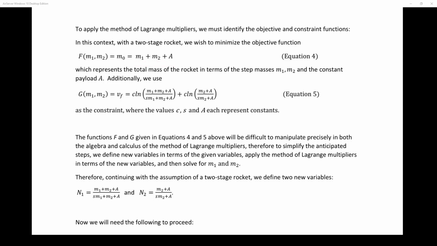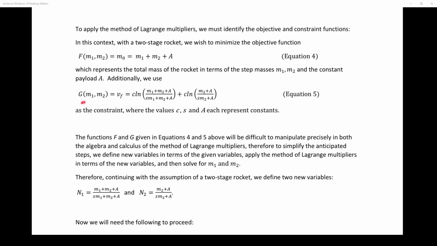And that's what we're going to try to do, minimize this objective function that is, you could call M0, the initial mass of the entire rocket in the case of two stages, stage 1, stage 2, and payload. We're trying to minimize this at the same time. We're trying to achieve some particular velocity, VF, the final velocity that's required for a particular objective like reaching orbit, or escape velocity, something like that.